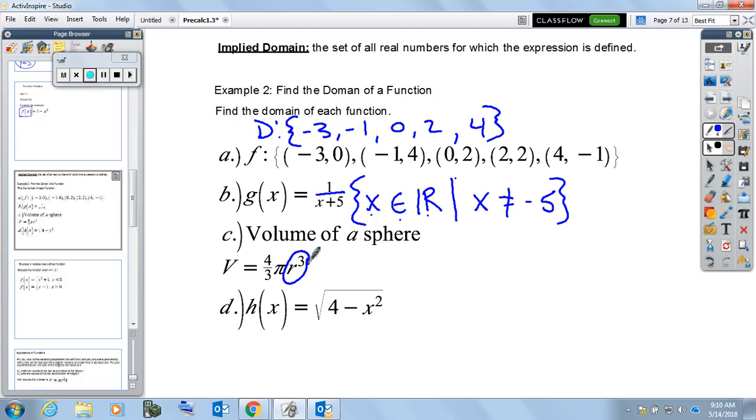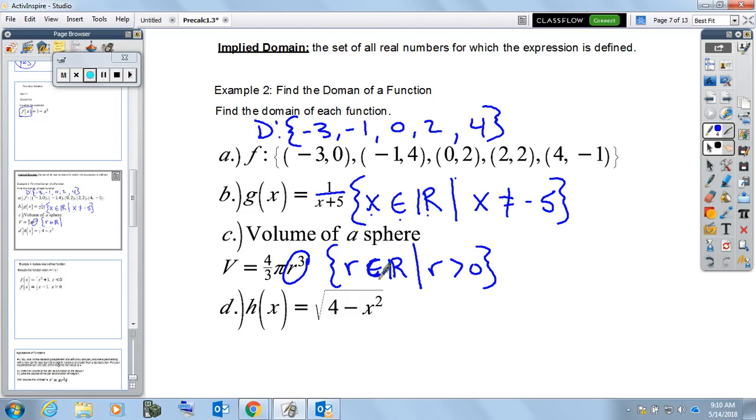So we may write this once again: R is the set of all real numbers such that, not x, I should say R, such that R is greater than 0. All right? So that E means element of. All right? Means element of.